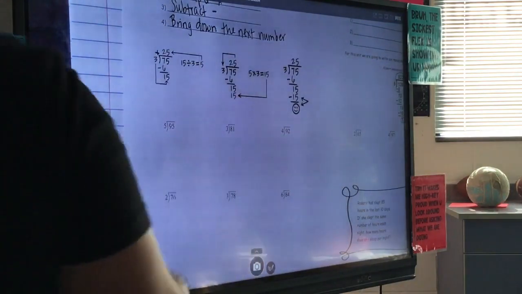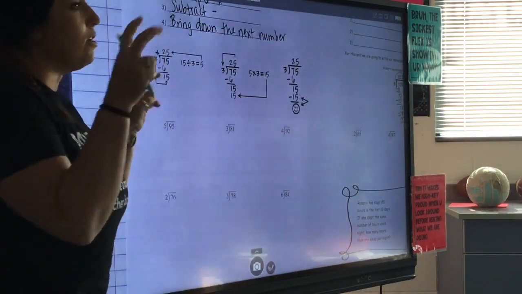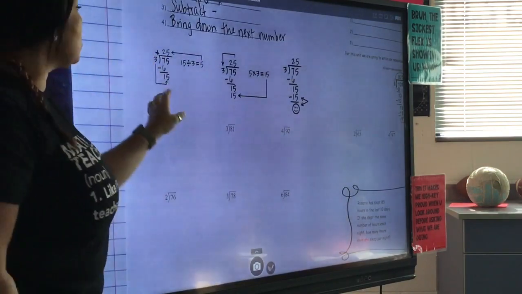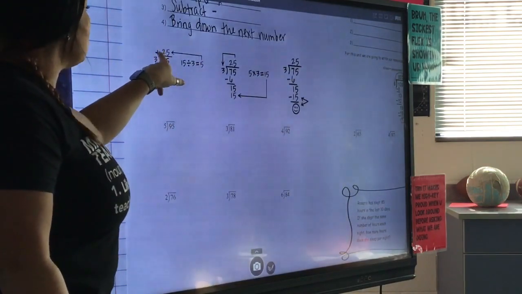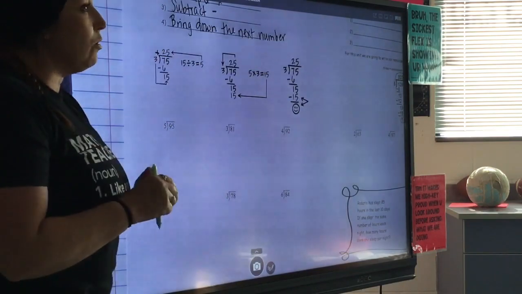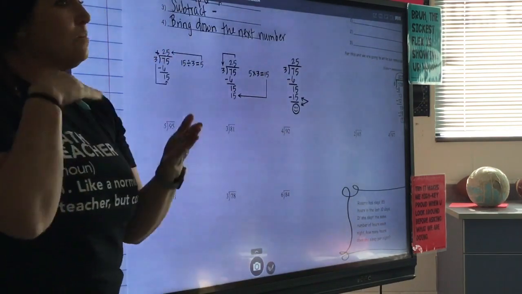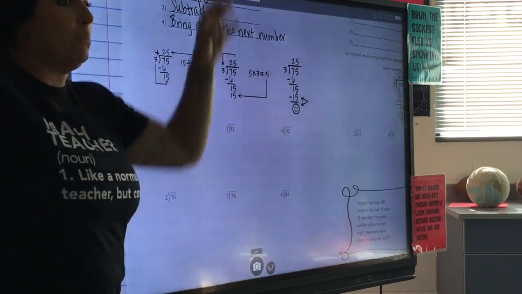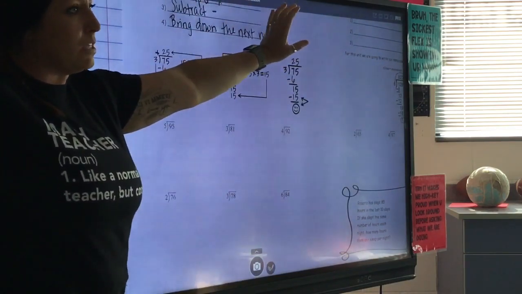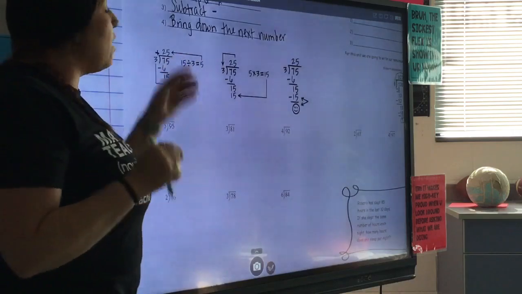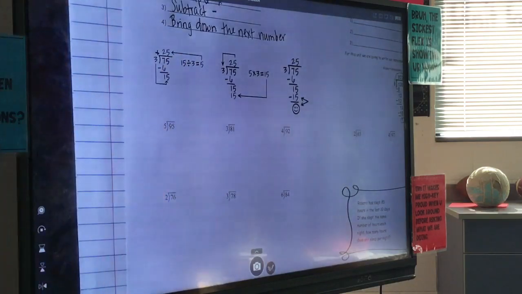So essentially what you're doing is, yes, you're doing long division, but really you're kind of doing multiplication because you're thinking, well, what times 3 gives me 7 or close to 7 without going over? So this little corner always tells me I'm multiplying the top numbers by my outside number. Does that make sense? So you'll always hear me say this times that, or I'll put a little multiplication thing right there.